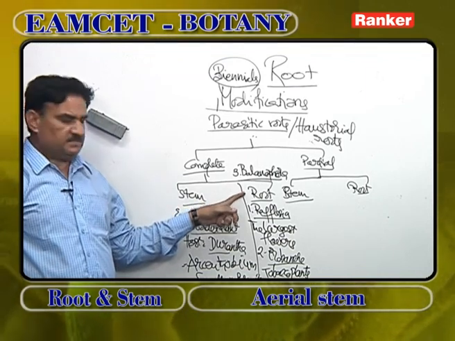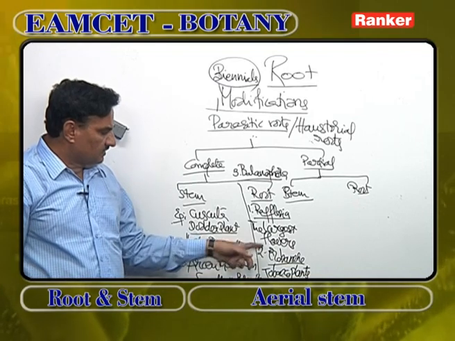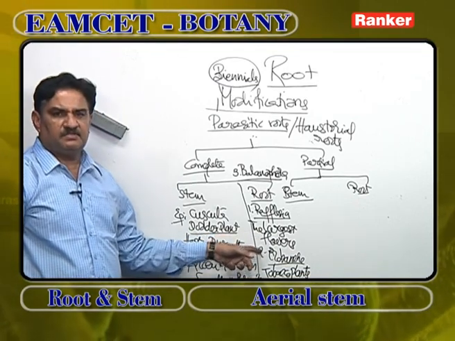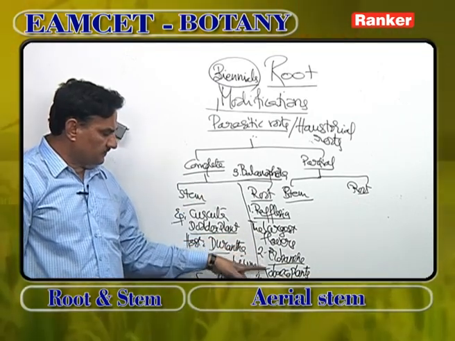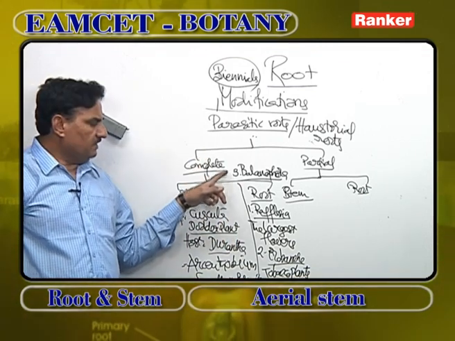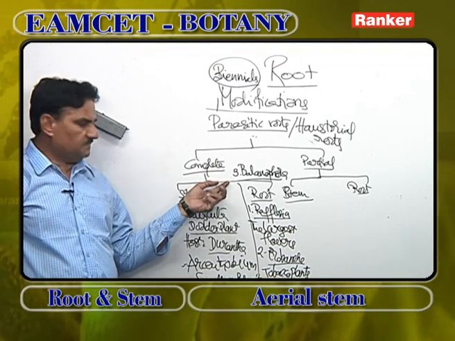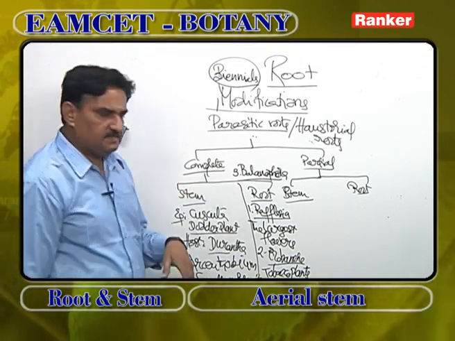Complete root parasites: Rafflesia, the plant with the largest flowers; Orobanche, the plant which grows only on the roots of tobacco plants; Balanophora, a parasitic plant having scale leaves. Scale leaves are a special character of xerophytes, but this Balanophora also contains scale leaves.